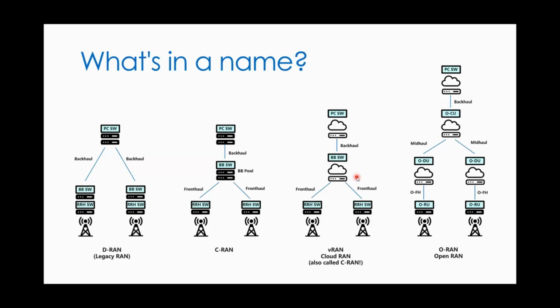So the term Cloud RAN sometimes gets used to mean different things. Sometimes it's referring to that centralized, pooled concept, and sometimes it's used to just refer to the fact that the RAN is virtualized. And sometimes you'll see virtualized RAN used in that term. Different companies use it in different ways and interchangeably.